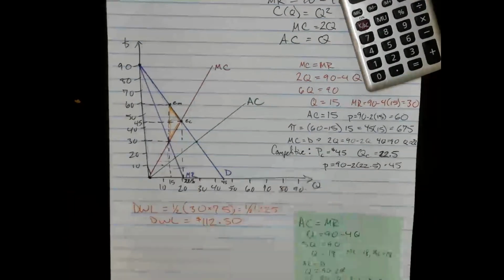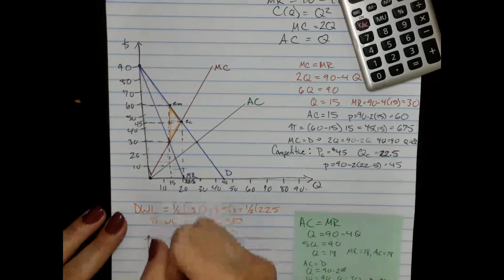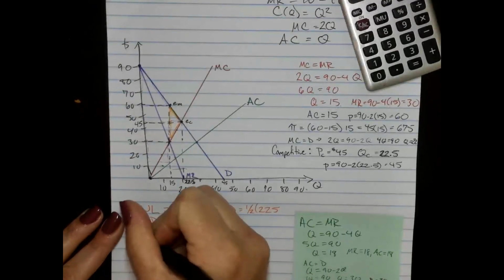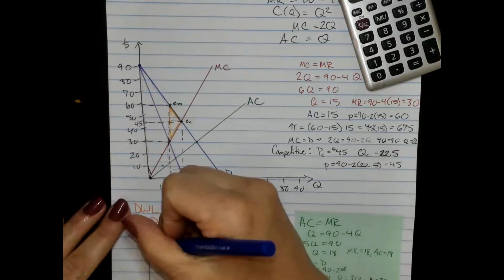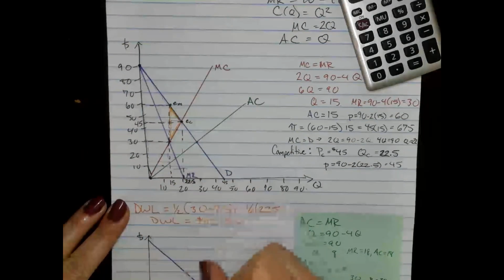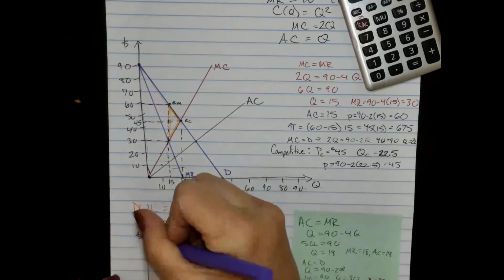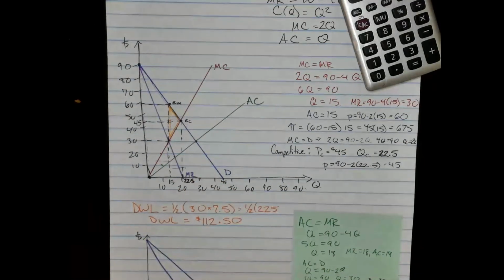So if we go back and I just take out all of the equations and just put in the shape of these curves, right? We have the downward sloping demand, and we have the marginal revenue curve, which is a function of that. And then we had marginal cost and average cost.